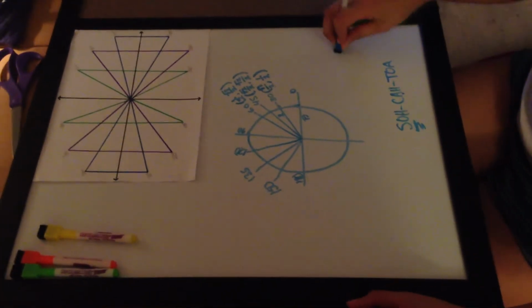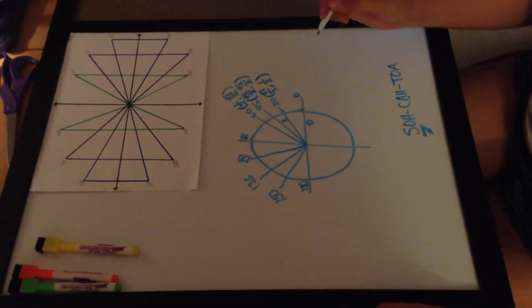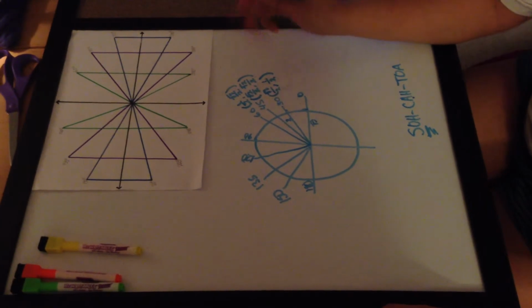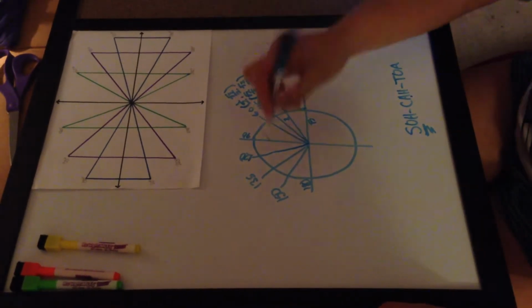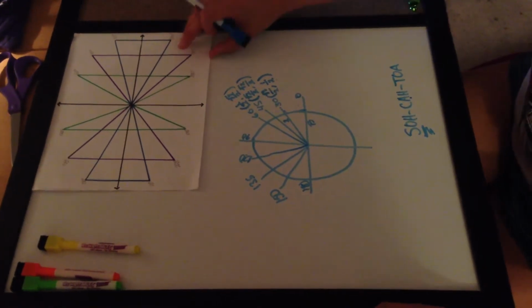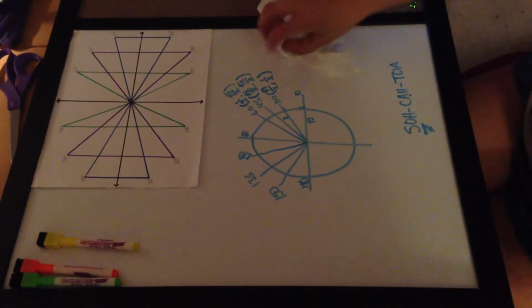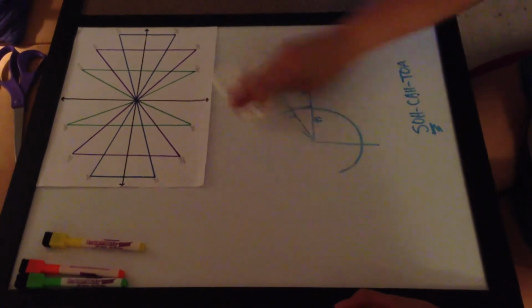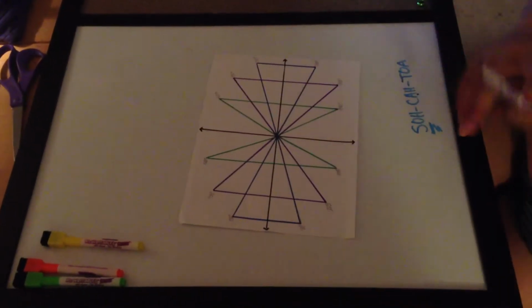Okay, so now we have the sine and cosine for all three of these values, and now we need to know all the rest of the values around the rest of the unit circle. So what I came up with was a tool that helped to figure out how these values are all connected.